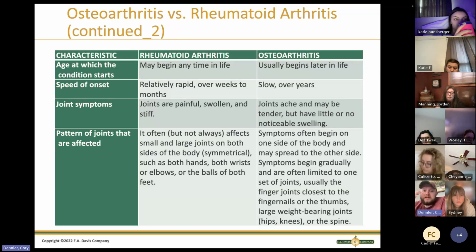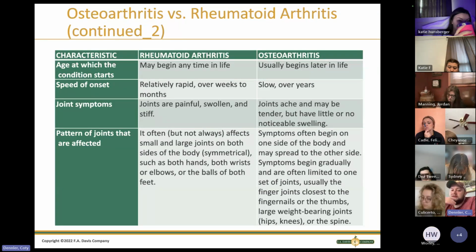Like my mom has osteoarthritis in her thumb, and if you try to touch her thumb or something, she freaks out. But you're not going to have a lot of swelling with OA. Okay. So if I ask you where you're going to see the swollen joints, or this thing is called fusiform swelling, I'll show you what it looks like in a minute, but that is RA. Osteoarthritis, you're probably not going to have very much swelling.